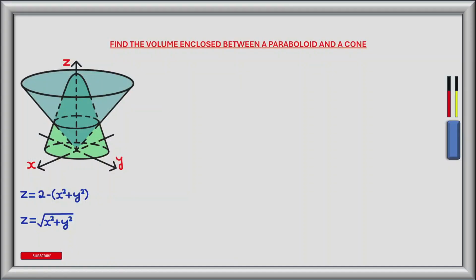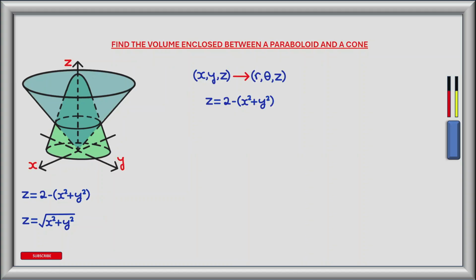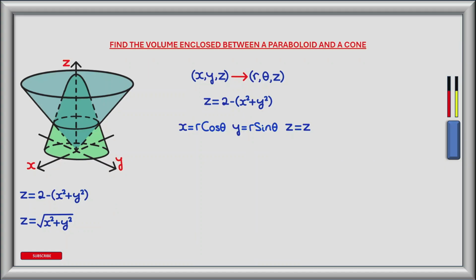Our first step in finding the volume is to convert the Cartesian equations for the cone and paraboloid into cylindrical coordinates. Beginning with the paraboloid, where the equation we have is z equals 2 minus the bracket of x squared plus y squared, we want to convert x, y, and z to r, theta, and z. To do this, we're going to substitute r cos theta for x, r sin theta for y, and z will remain the same, so z will equal z.